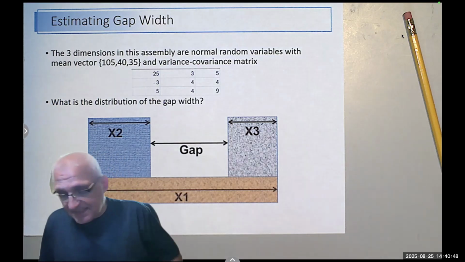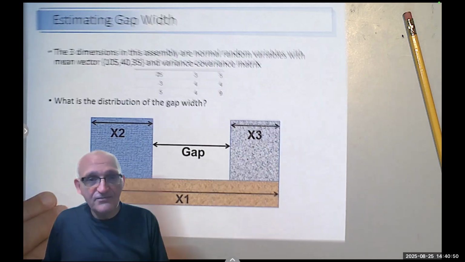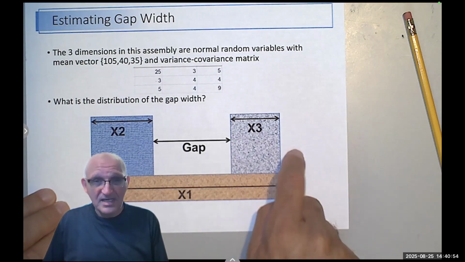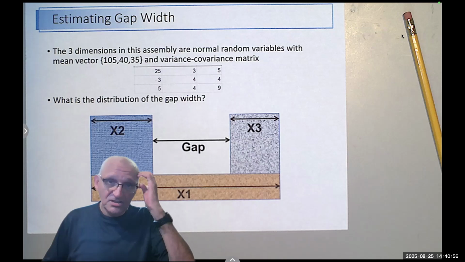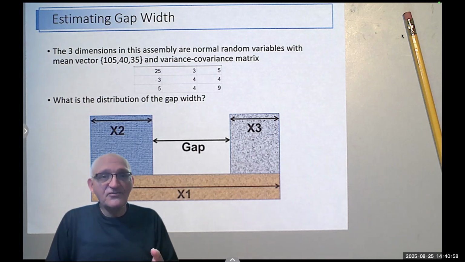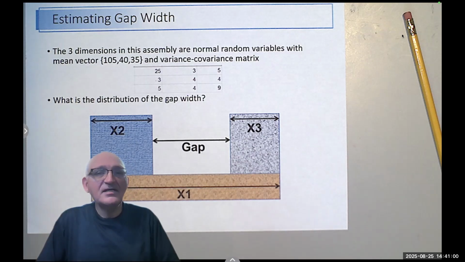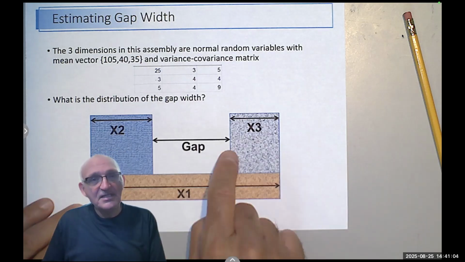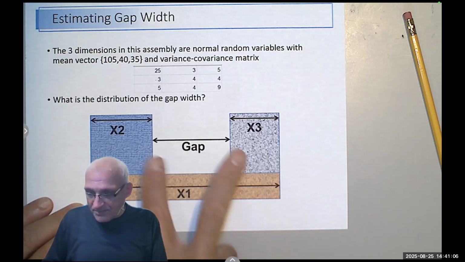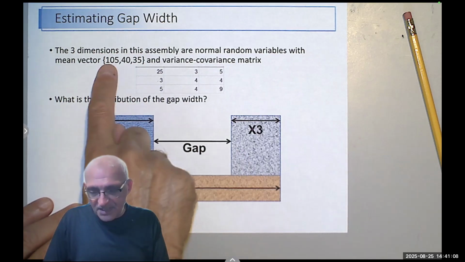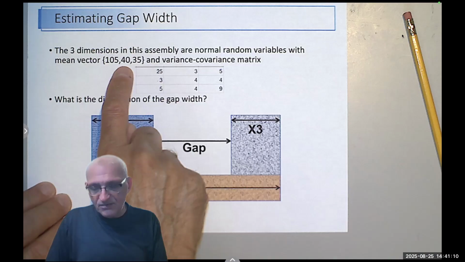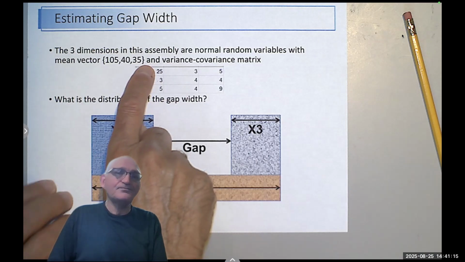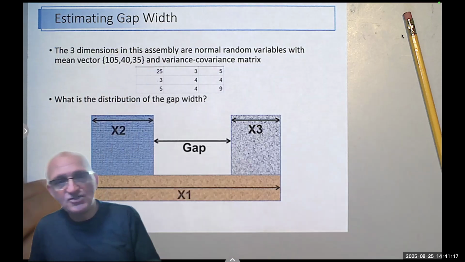First of all, we said that the gap was x1 minus x2 minus x3, which is a linear combination of normal random variables, and is itself a normal random variable. So we knew that the gap is distributed normally with the mean equal to the mean of x1 minus the mean of x2 minus the mean of x3, so 105 minus 40 minus 35, you get 30.